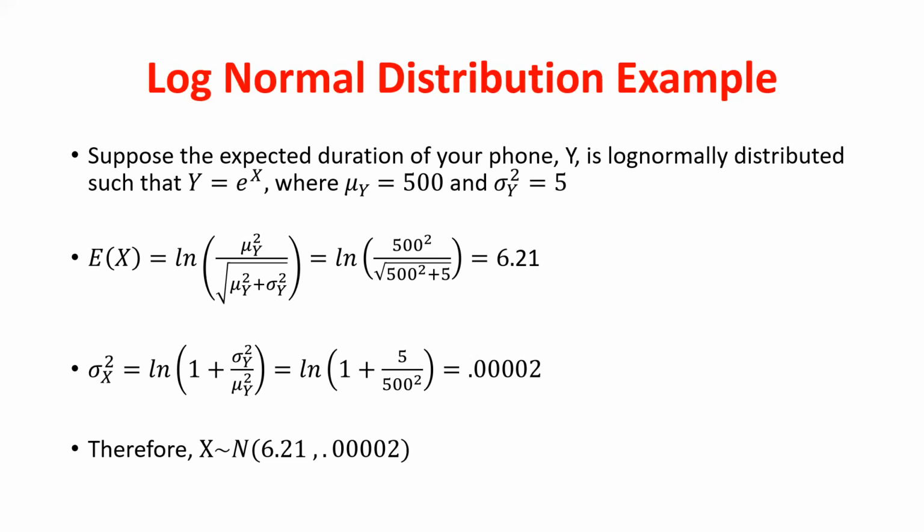Questions on this one? Does anyone know what this ends up being? Did anyone calculate it? What's the natural log of 400 first? 5.99, we'll just use 5.99. And then minus 6.21.